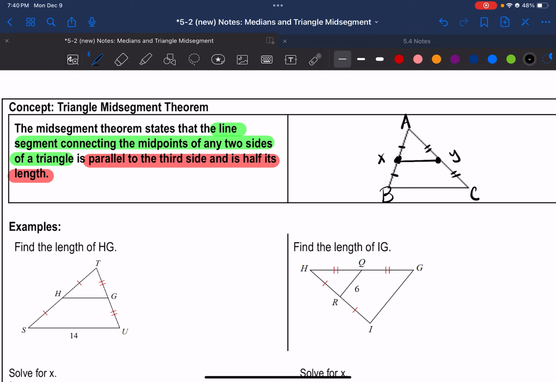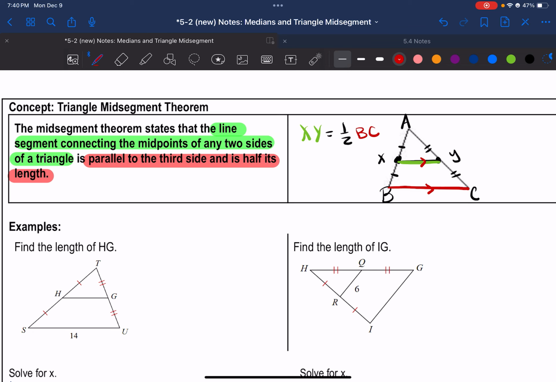That line is parallel to BC, and it is half the length. So I can say XY is equal to half of BC. Another way I could write that is 2 times XY is equal to BC.